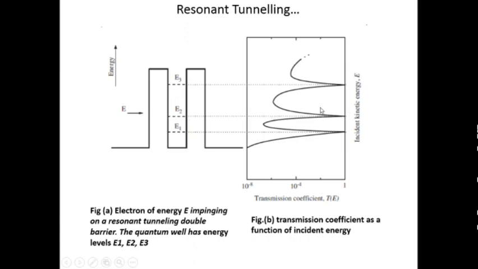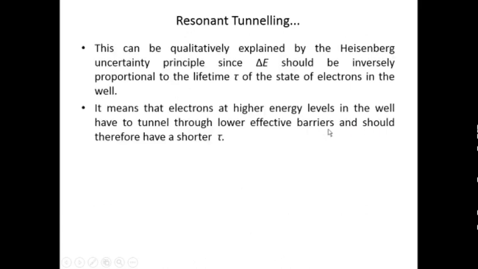Why is it so? The reason can be easily explained with the Heisenberg uncertainty principle. The difference of energy levels, that is E2 minus E1, given by delta E, should be inversely proportional to the lifetime tau of the state of electrons in the quantum well. What does it mean? It means that the electrons at higher energy levels in the well have to tunnel through lower effective barriers and should therefore have a shorter lifetime tau.